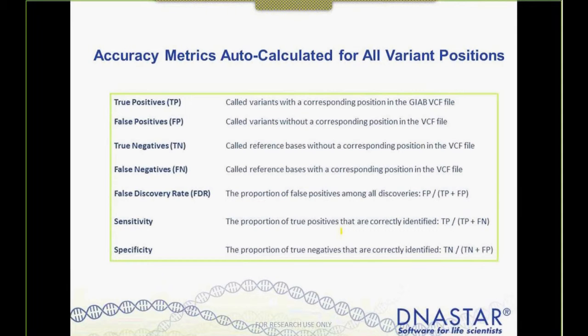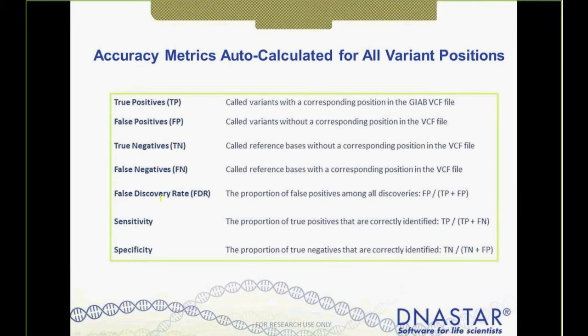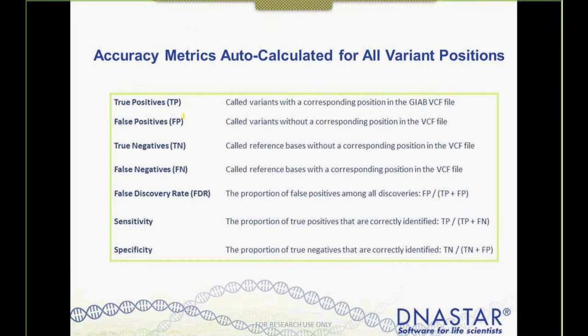So in the validation, we get a measurement of the true positives, the false positives, the true negatives, which is really important in a more clinical type setting. You don't want to miss variants that are there. So that's one of the most critical measurements, the false negative detection rate.